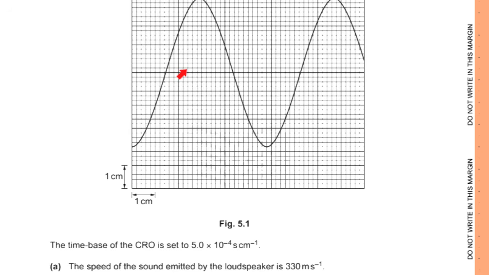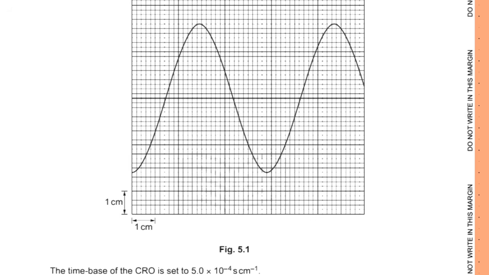That's 1 centimeter. 1, 2, 3, 4, 5. That's 2. 1, 2, 3, 4, 5. That's 3. So it's 3 for half a wave. So it must be double of that.